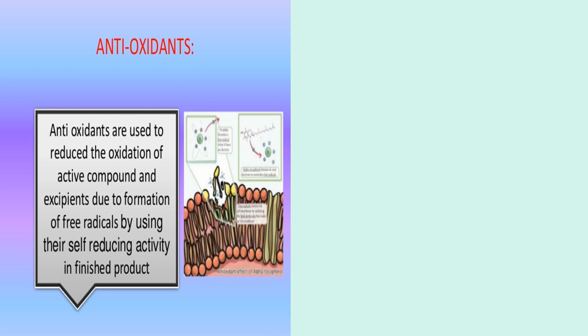Even if the free radicals are formed, they will be reduced by these particular ingredients. So they will prevent the formation of free radicals and oxidation of the compound. This is very important. Oxidation leads to degradation and early excretion. Free radicals are toxic to your body. So this is how your antioxidants act.